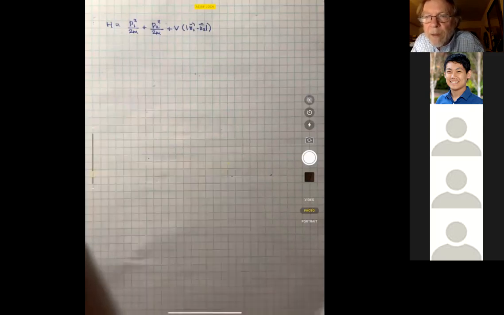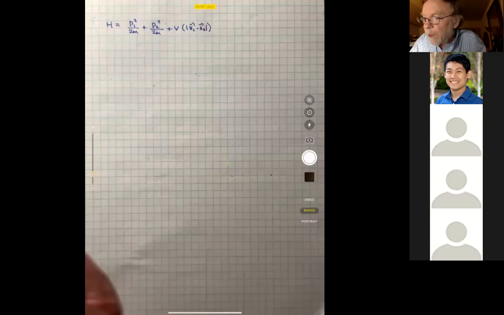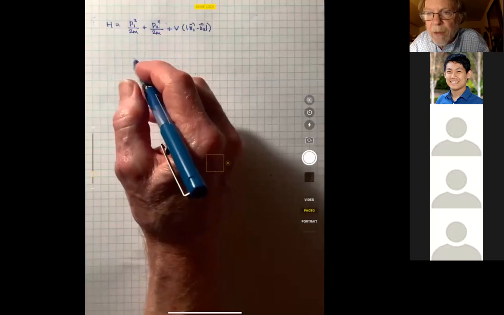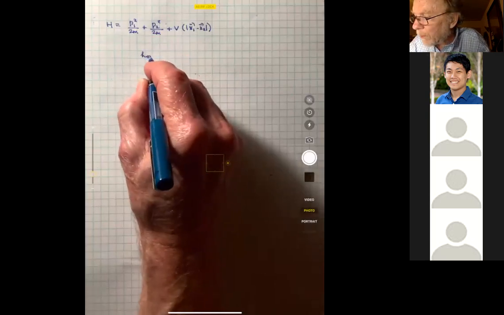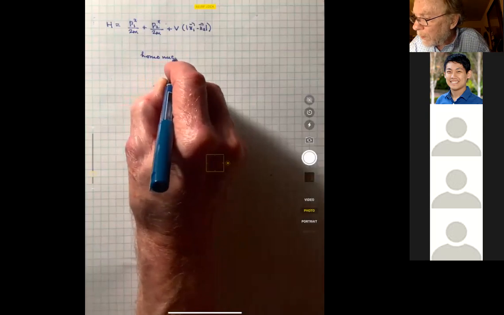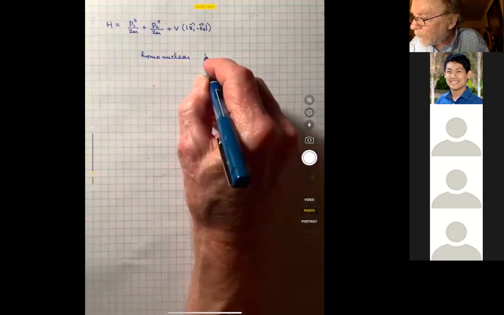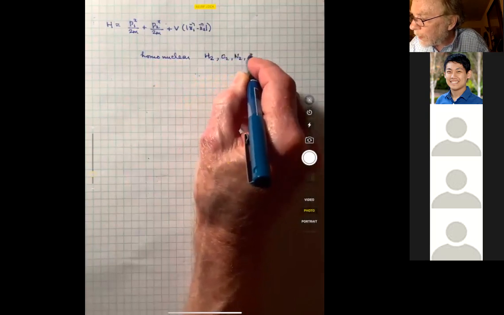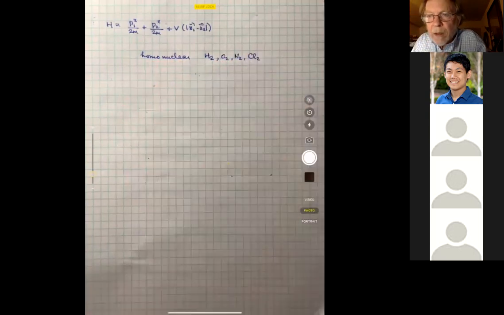So identical atoms means that the two nuclei are identical as nuclear species. That means that they not only have the same charge, but they're the same isotopes as well. If we have a diatomic molecule with the same nuclear isotopes, it's called a homonuclear diatomic. This would be, for example, ordinary H2, O2, N2, Cl2, the usual diatomic molecules that occur in chemistry.